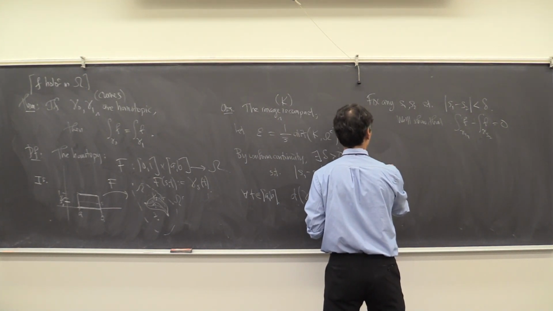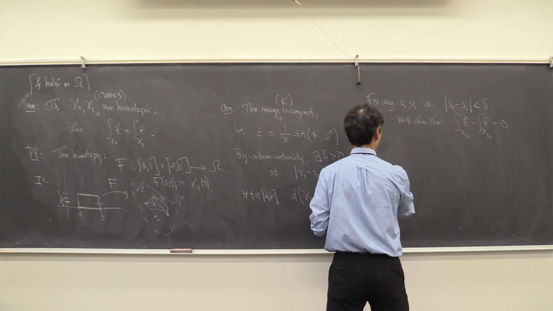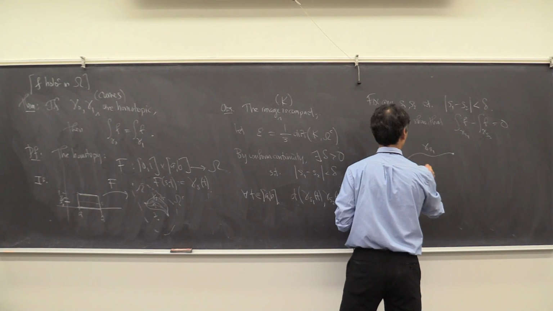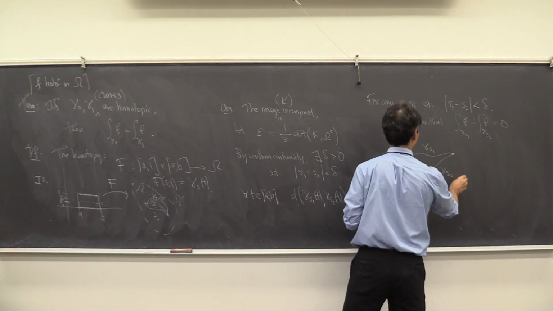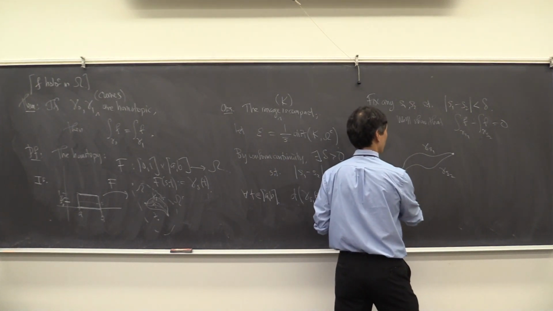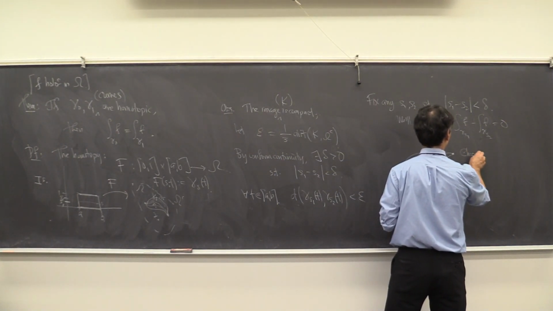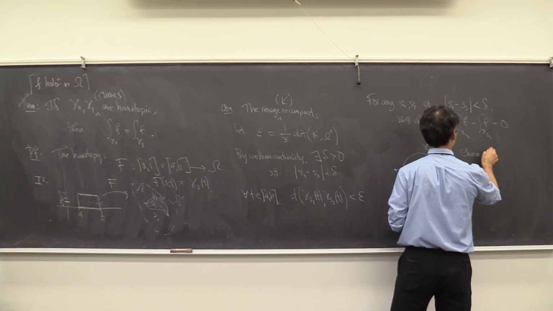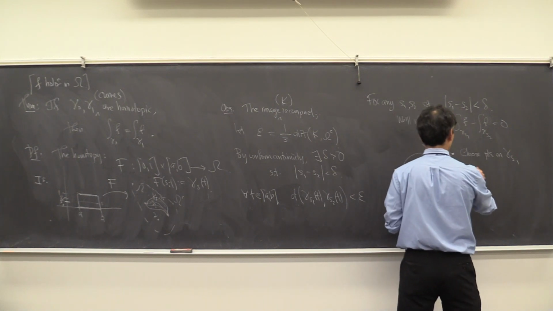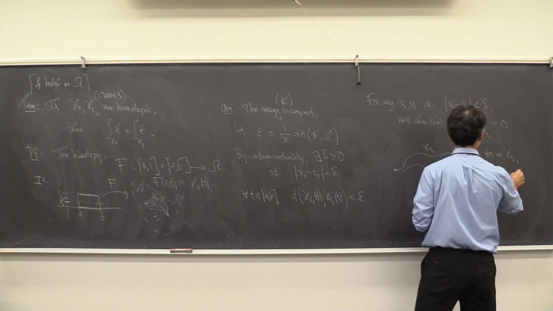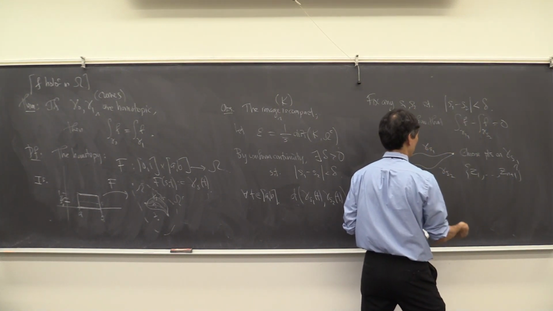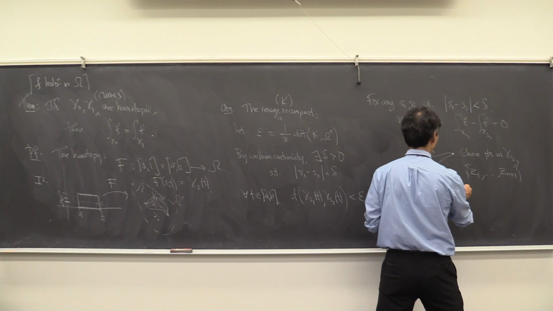You say, okay, so here's gamma S1, and here's say gamma S2. So choose points on gamma S1, z1 to z n plus 1, such that the distance between them is always smaller than epsilon.